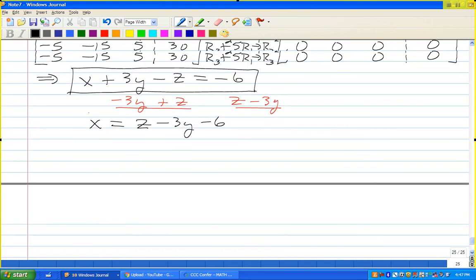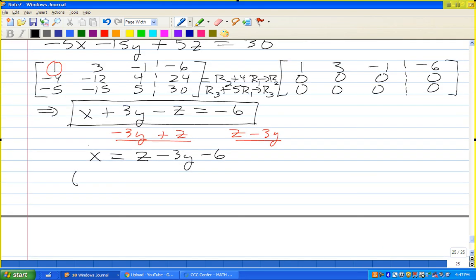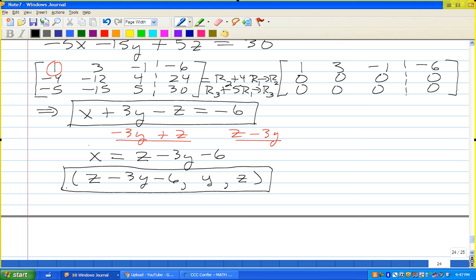Okay, so you can write your solution parametrically as z minus 3y minus 6, y, z. And this is for any y and z. Okay, so it is a plane in 3 dimensions.